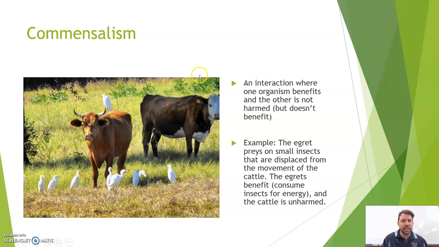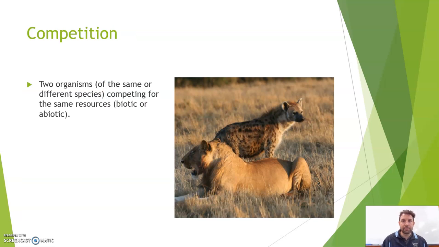The egret preys on small insects, and they lurk around the cattle because the cattle will move and stir up insects in the grass, and this will then allow the egrets to pounce on them and get some food for energy. The cattle do not benefit from this at all, but they're not harmed either. They don't mind hanging out with the birds.